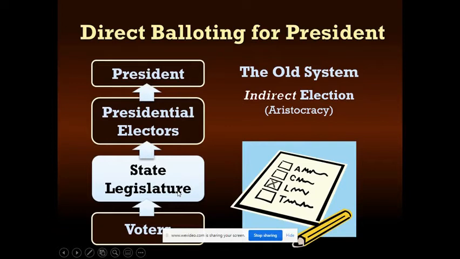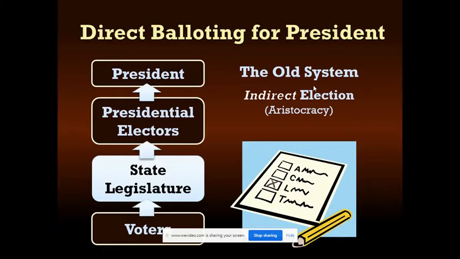From there, the state legislature would decide if the voters did the correct job in voting, meaning they voted for who the state legislators wanted to be president. Then the state legislators would turn the state vote in to the presidential electors, who would then elect the president. This is the old system of voting, and it was indirect, and it was controlled by the aristocracy.